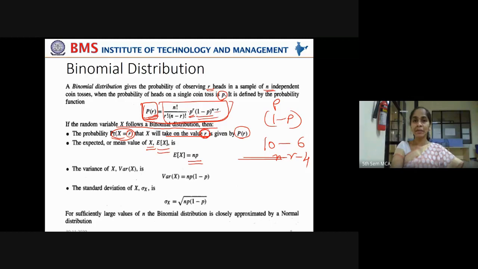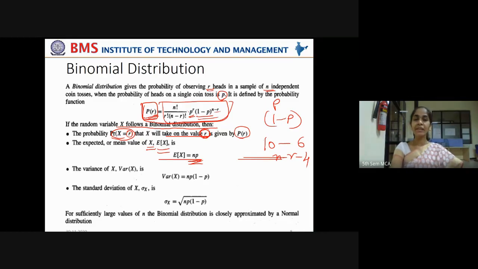N is the number of coin tosses multiplied by p, the probability of getting heads on a single coin toss. Okay, that can be represented as n into p, where n is the number of coin tosses and p is the probability of observing head on a single coin toss.